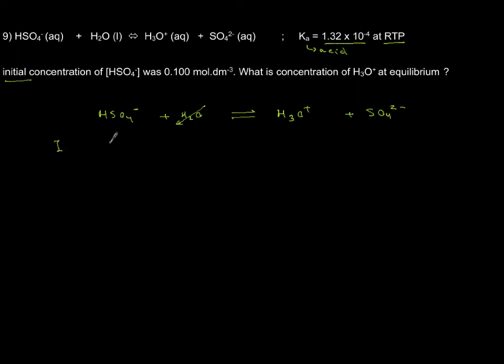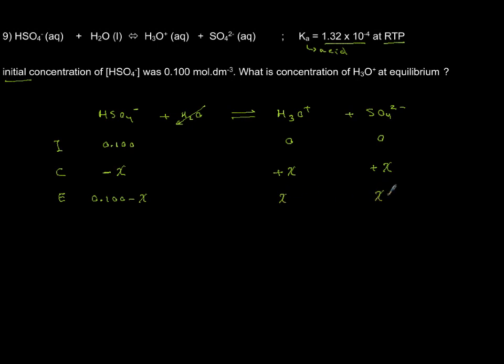At initial, we have 0.1, and nothing of hydronium or sulfate. Change takes place left to right: minus X moles of this, coefficient is 1, X moles of hydronium, and X moles of sulfate come to life. At equilibrium, I have 0.1 minus X, X, and X.